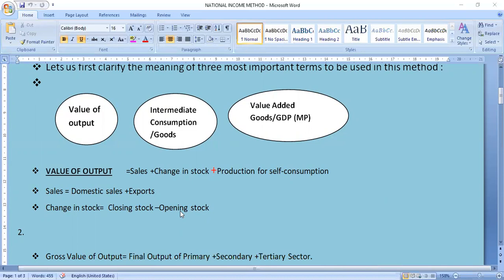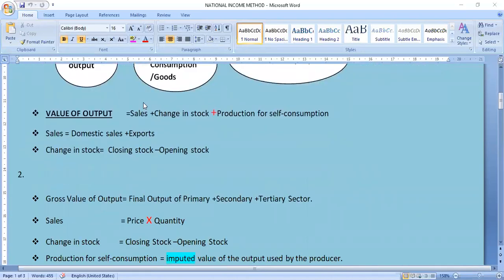Sales plus change in stock is the formula of value of output. Sales may be of two types, domestic sales plus exports, and change in stock, we know very well, is closing stock minus opening stock. Value of output also includes production for self-consumption, or the imputed value of goods. So first sales, then change in stock.